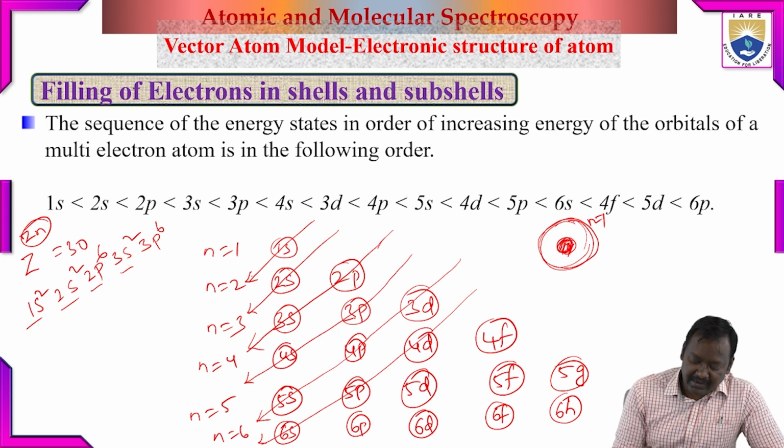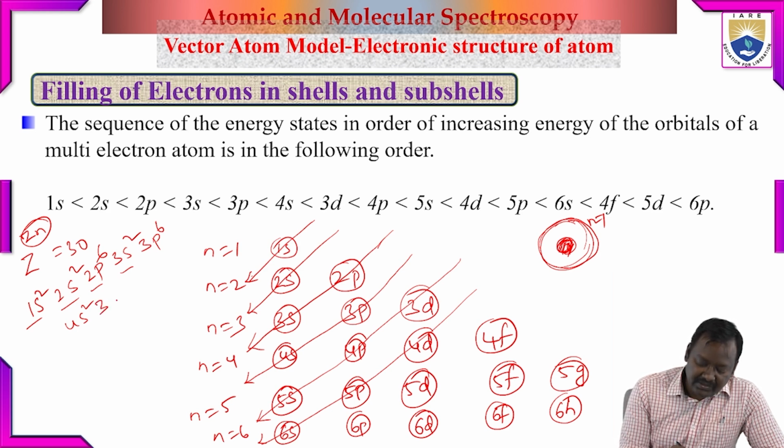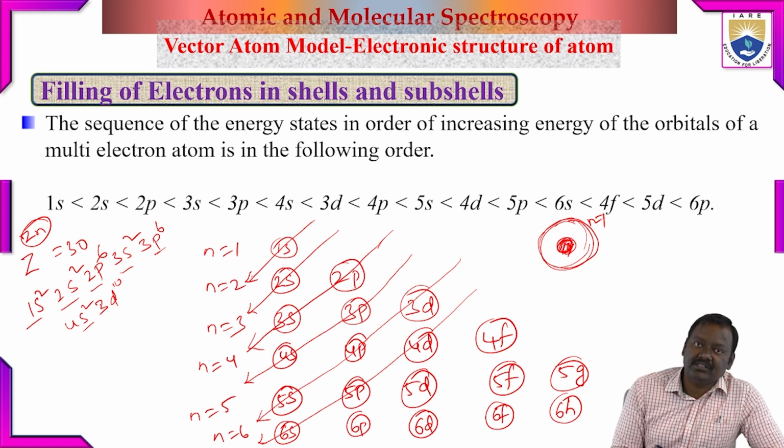After 3p, we need to fill the 4s. The maximum number of electrons in the s orbital is 2. We will explain the maximum number of electrons in the orbitals again. After 4s, 3d. Up to here there are 12 electrons, here 14. The maximum number of electrons that can be filled in the d orbital is 10.